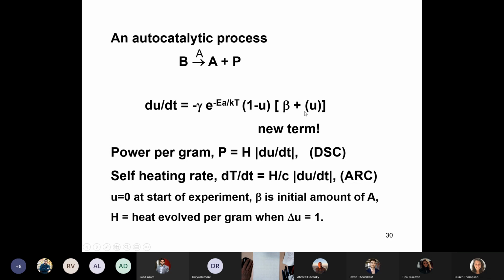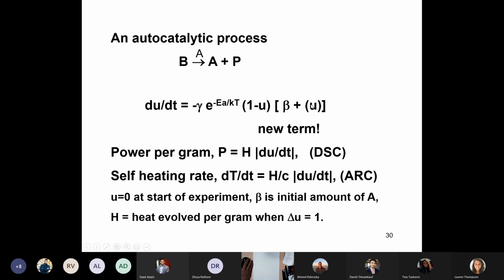So this term increases to mimic the fact that as the reaction proceeds, it tends to accelerate as you create more of the products, and maybe one of the products is this autocatalytic species that's there.